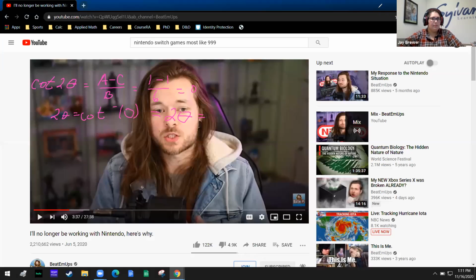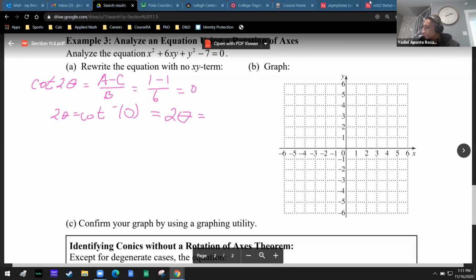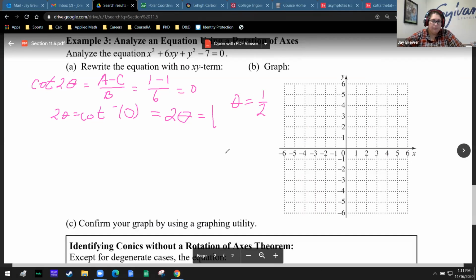Won't that also be 1? I believe so. Okay, so then we're looking at theta is going to be equal to 1/2. All right, so when does the cotangent equal 1/2?